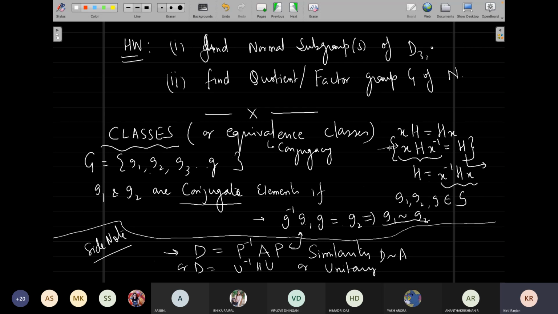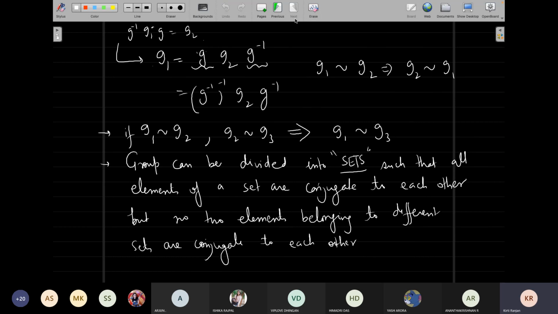Conjugate elements are those elements which are related with each other by this relation, G2 is equal to G inverse G1 G, or G1 is equal to G G2 G inverse. If it obeys, then we say that the two elements are conjugate elements.